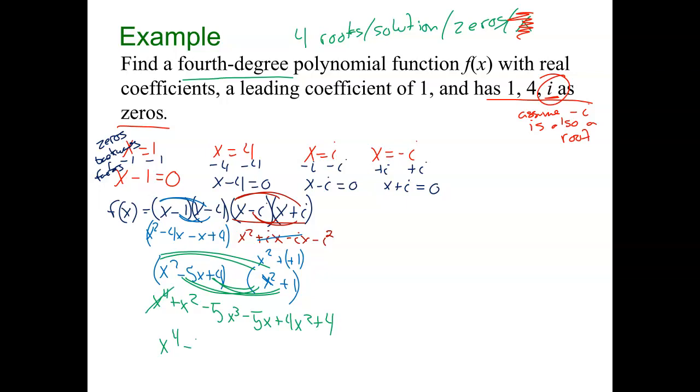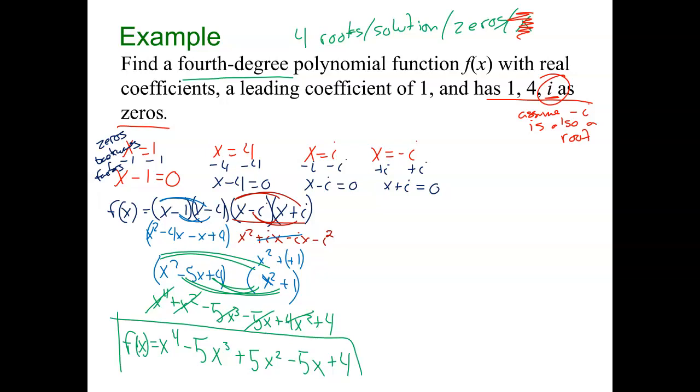There's no other like terms, so I write negative 5x to the 3rd. Then I go down to my second power. I have x squared plus 4x squared to get another 5, so 5x squared. Then I go down to my x to the 1st. There's only that one term, negative 5x. And then I go to my constant. There's only that one term, 4. There's f of x, standard form.